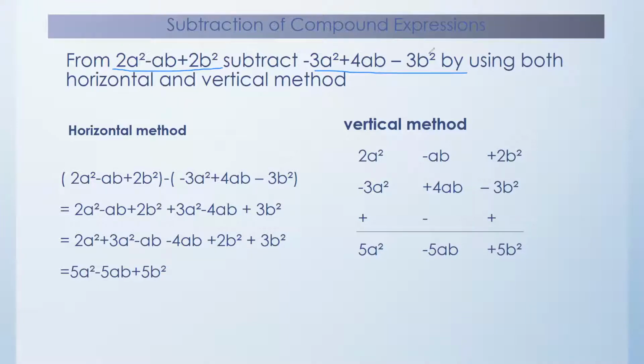So which compound expression is going to be written first? Obviously this one. So write down this first, and the second term must be copied down there, right? Second rule is just change the sign. Here you can see the sign is minus, it becomes plus. It is plus, it becomes minus. It is minus, it becomes plus.